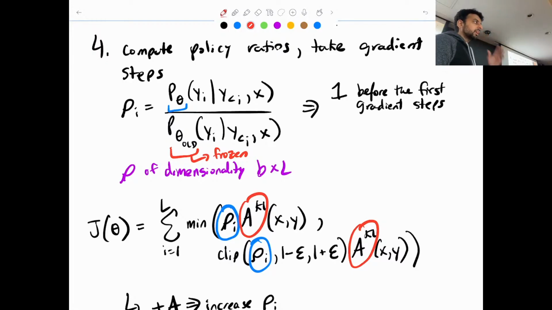If we have a positive advantage, that generally means this response was good. However, if we just upweight all of the tokens in that response by some huge amount, the model might lose its stability, right?